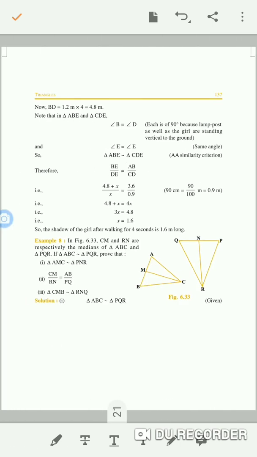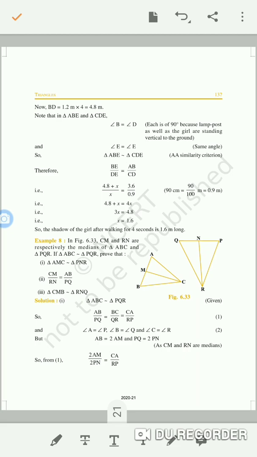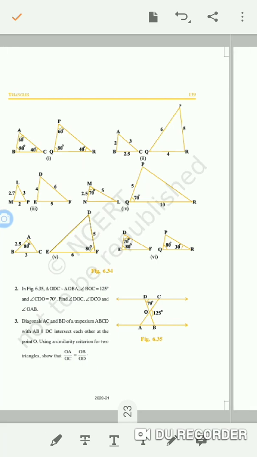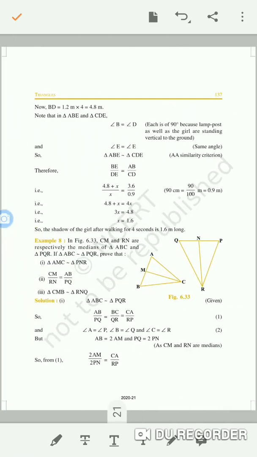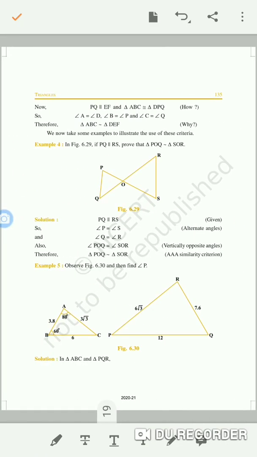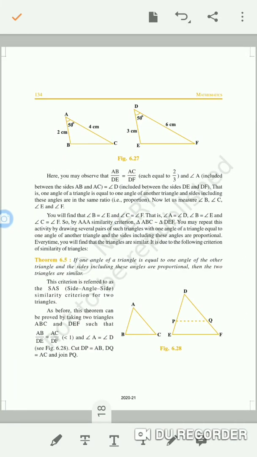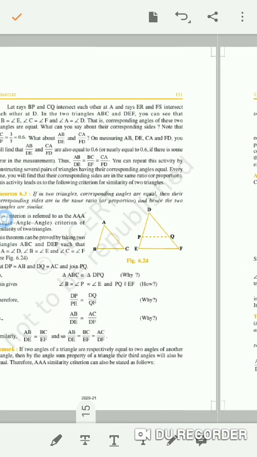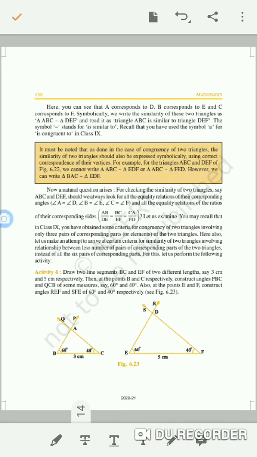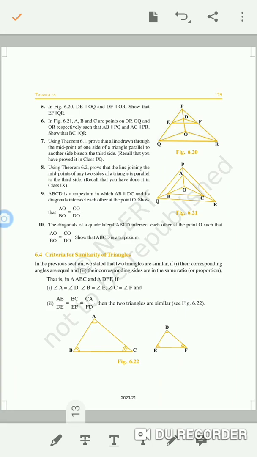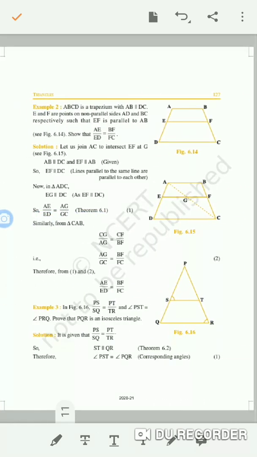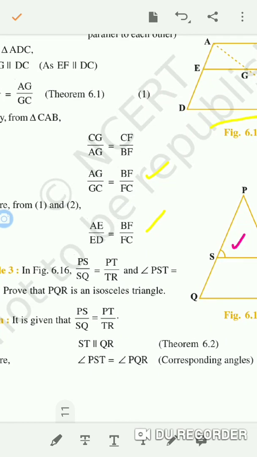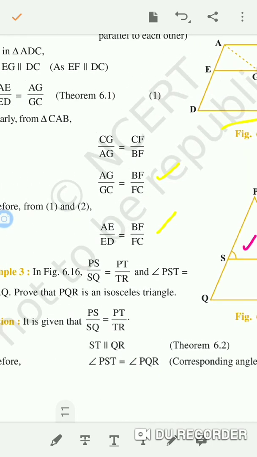Sorry, here the page has gone. See here, what is written here?